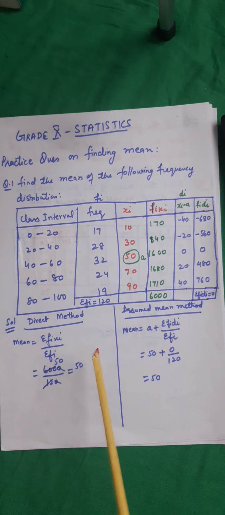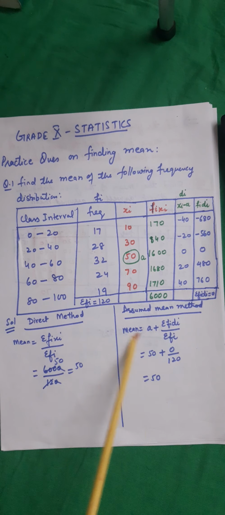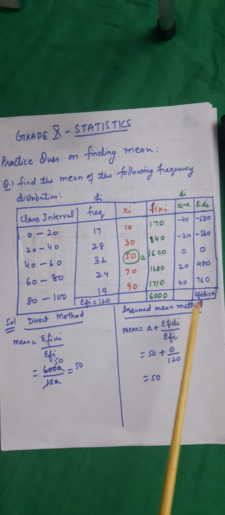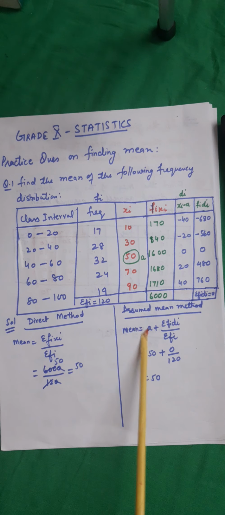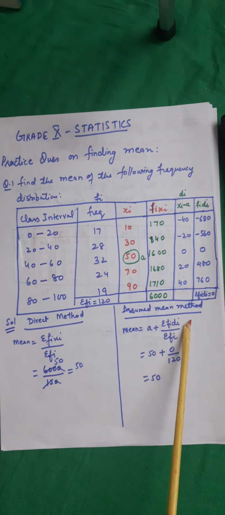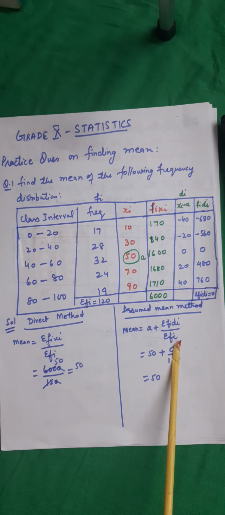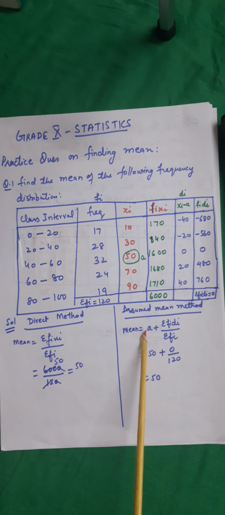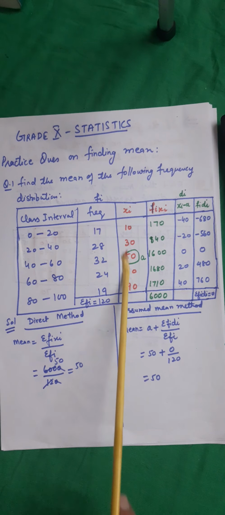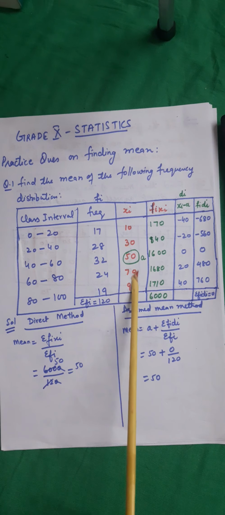Now let us try and check, do we get the same answer by the assumed mean method? In the assumed mean method, mean is given by a plus sigma fi di upon sigma fi. So sigma fi is already calculated. Assumed mean will be taken from the xi's. What is assumed mean? Assumed mean is taken as the middle value of this.